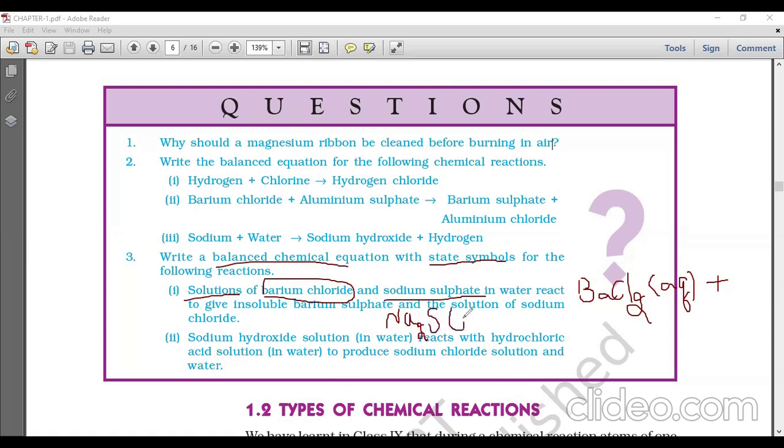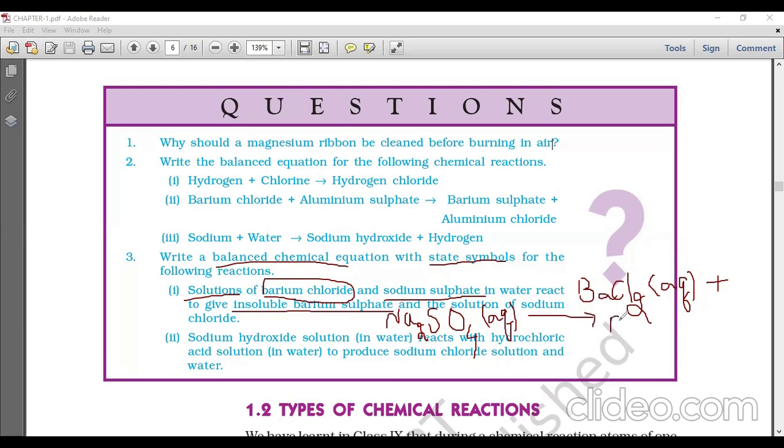We have studied how to write a formula in grade 9 only. Here also it is a solution, right? So aqueous gives rise to insoluble barium sulfate, which means a precipitate is going to be formed.